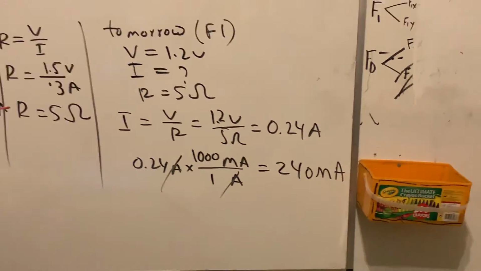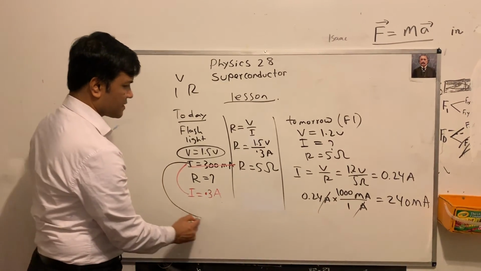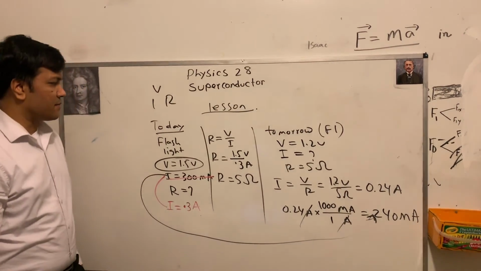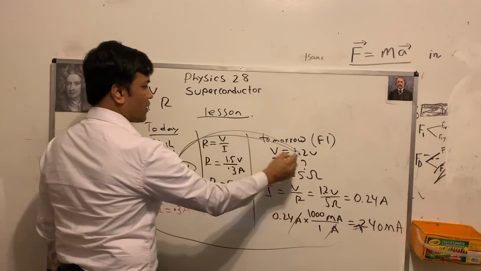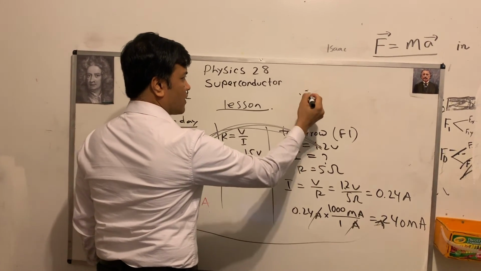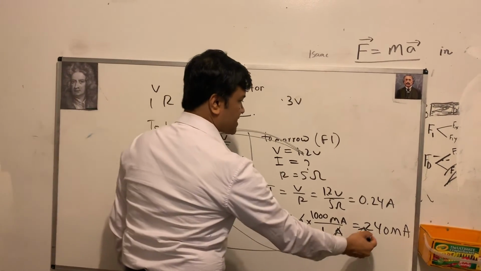Boom, 240 milliamps. So we started with 300 milliamps and we end with 240. The voltage drops by 0.3 volts, and the current drops by 60 milliamps.